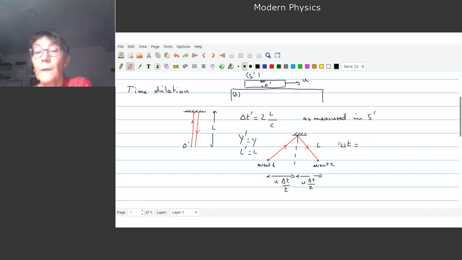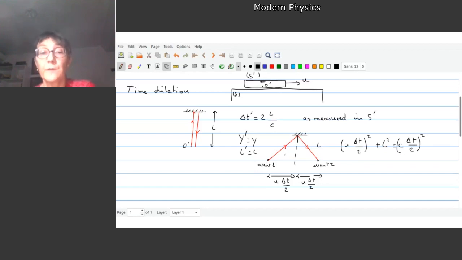And so this is the same distance. So I will write that (u delta t over 2) squared plus L squared equals this one squared, and this one is (c delta t over 2) squared.